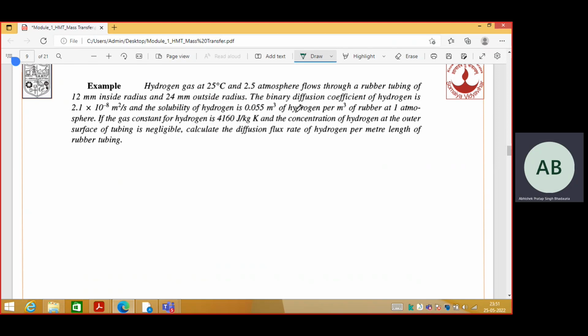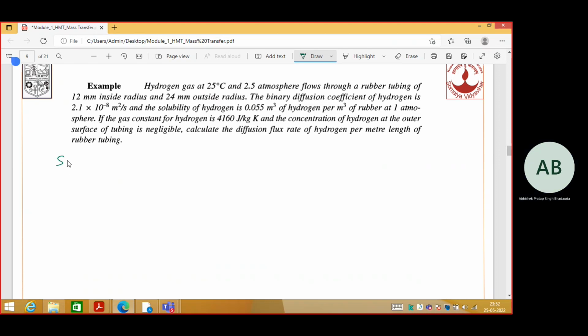The binary diffusion coefficient of hydrogen is given, and the solubility of hydrogen in the rubber at 1 atmosphere is given. The gas constant for hydrogen is given, and the concentration of hydrogen at the outer surface of the tubing is negligible. We have to calculate the diffusion flux rate of hydrogen per meter length of the rubber tubing. So let's solve this problem.